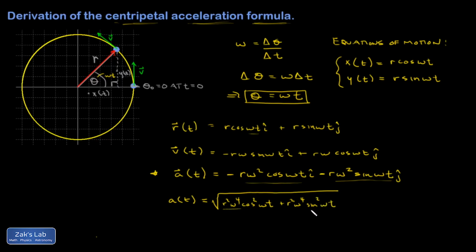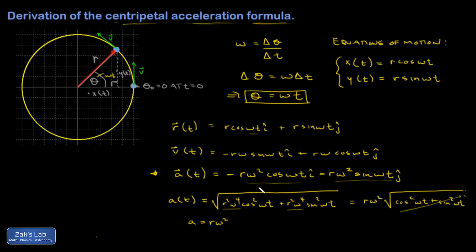And I can factor out the r squared omega to the fourth out of each of those terms and square root it, and it will come out in front as an r omega squared. Square root of cosine squared omega t plus sine squared omega t. And hopefully you recognize that identity. If you take cosine squared of an angle, add it to sine squared of the same angle, you get 1. So finally I have the A, all the time dependence having vanished. The magnitude of A is just r omega squared.